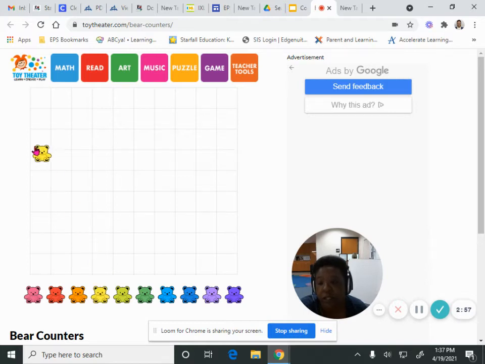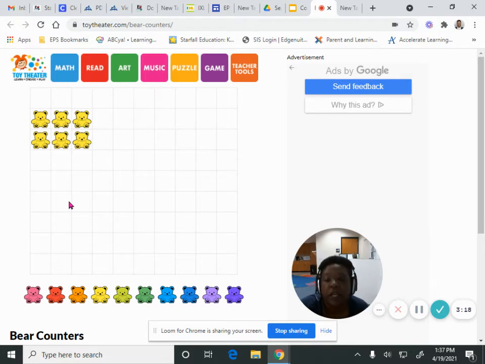So let's see. 1, 2, 3 sheep. How many legs are there in all? Well, you just told me that sheep have 4 legs. So we're going to use 2 bears to represent our sheep so that we can have 4 legs. How about that?